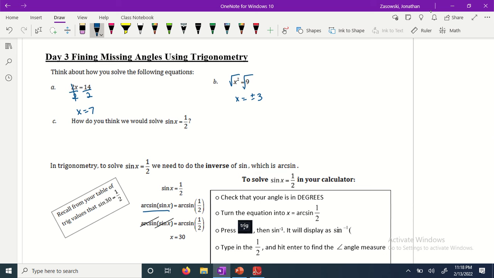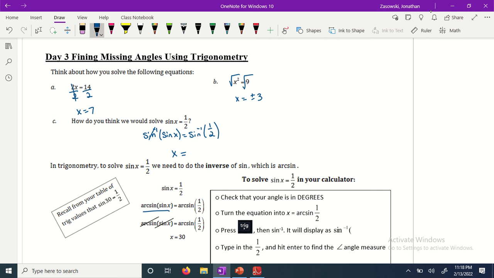So how do we solve it? We're going to take the sine inverse of both sides. So we're going to do sine inverse, parentheses, which means of, the sine inverse of sine of x, and we're going to take the sine inverse on the other side. Oops, and it's 1/2. Now what this is actually asking the calculator to do is what angle measure creates a ratio in a right triangle of 1/2.